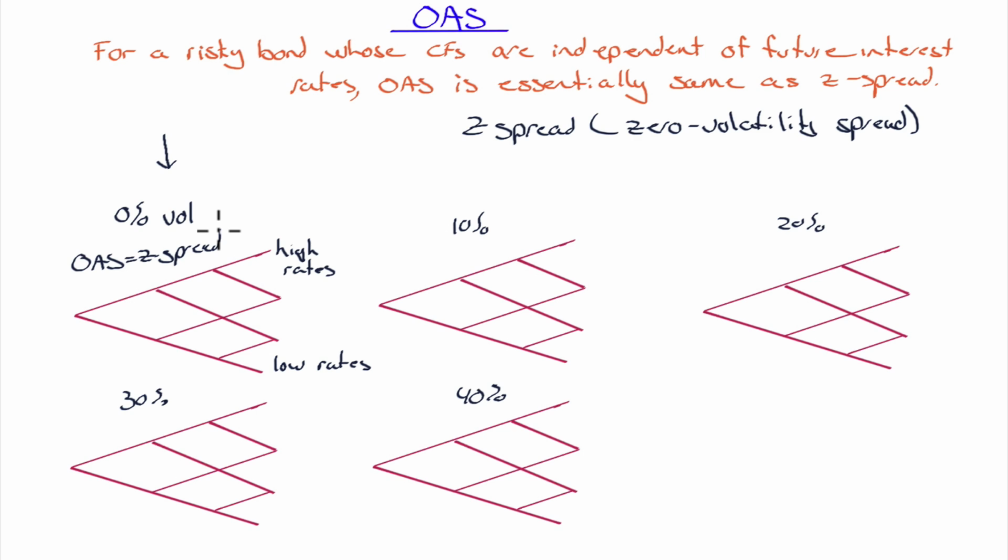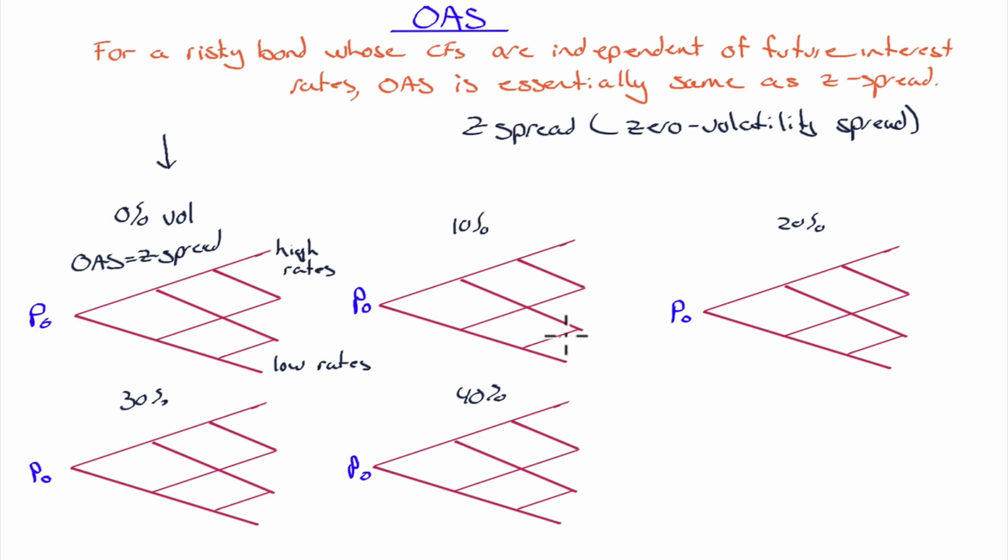Let's introduce volatility along the way. Remember what we're doing with this is we're trying to recover some price. We see some price in the marketplace for a bond, and we're trying to recover that particular price with this tree. From here on in, this is the spot rate and forward rates adjusted for volatility.